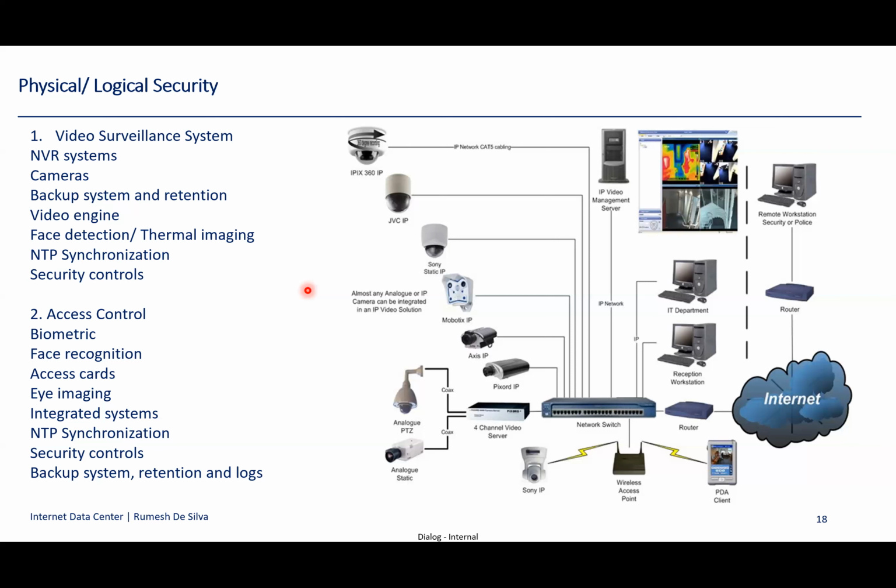And the access control system, since a biometric face recognizing system, access card, eye imaging, integrated system they are using, because actually the data center is a 24 by 7 working area. And at that time, in the midnight, 1 a.m., 3 a.m., people are working there.